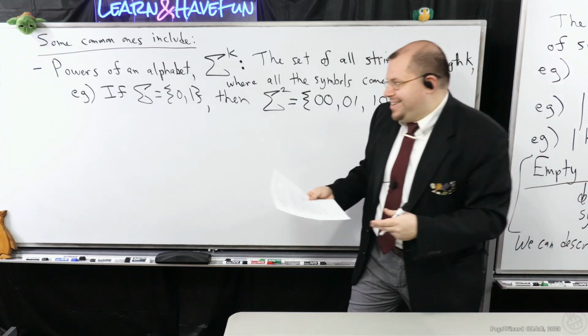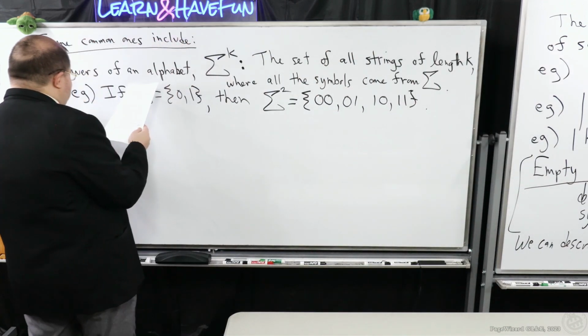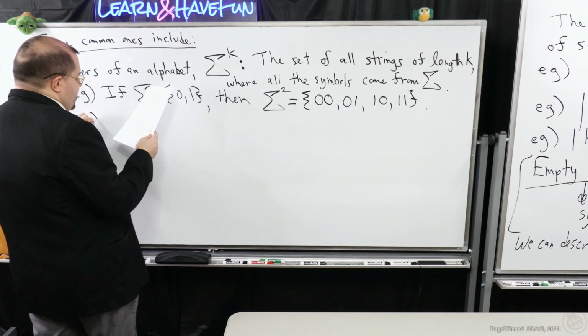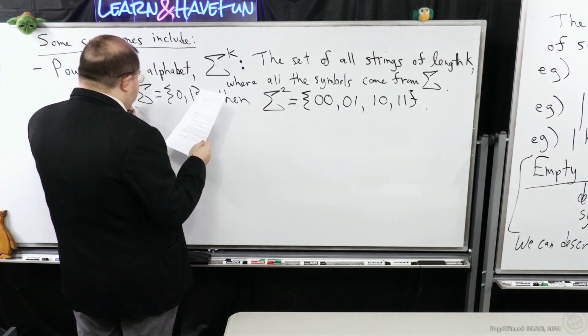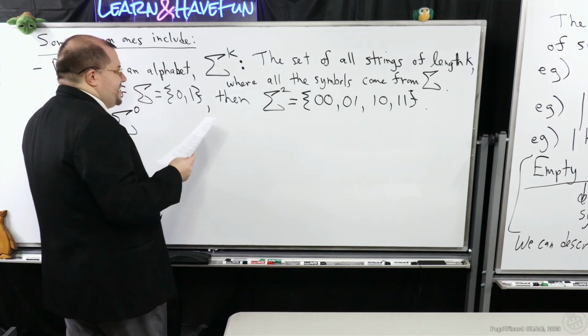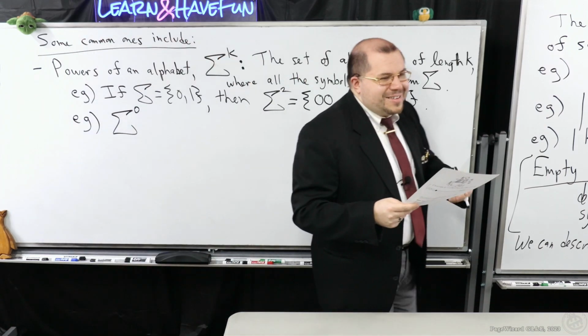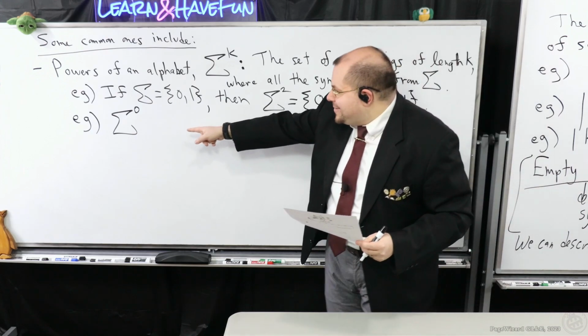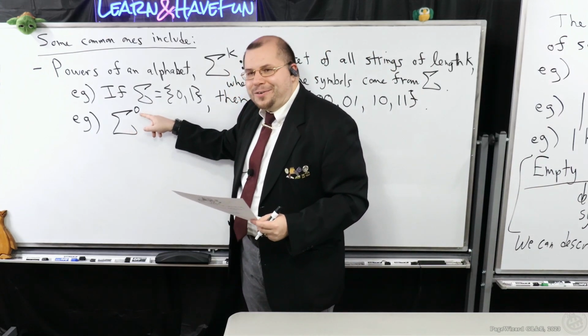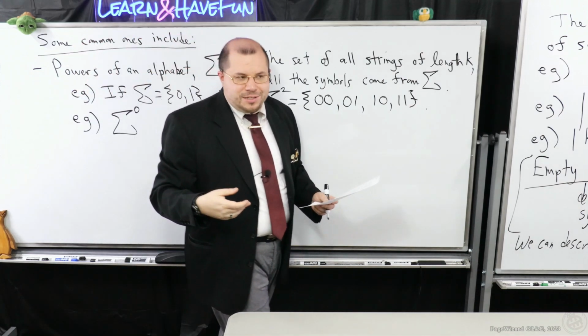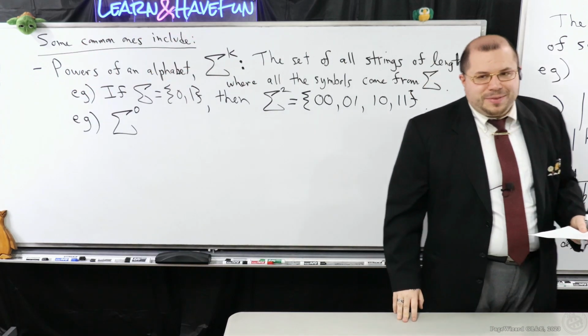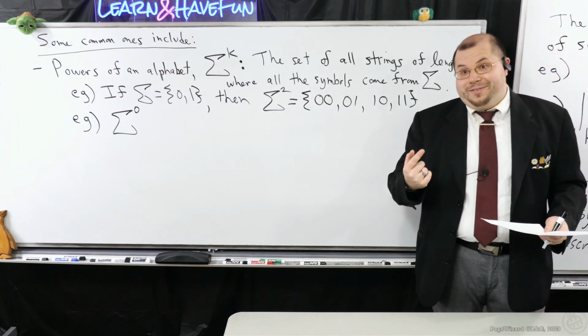So anyways, let's do another example. You might ask, okay, so what is sigma raised to the power of 0? Now, if we were talking about arithmetic, like numbers, very often you would just presume something to the power of 0 is 1, right?